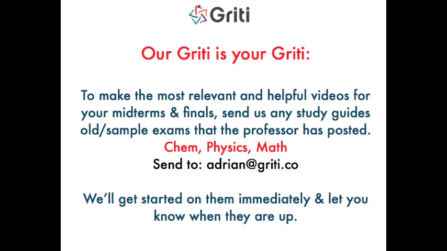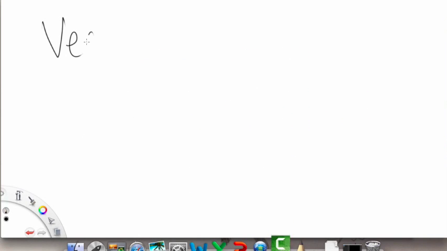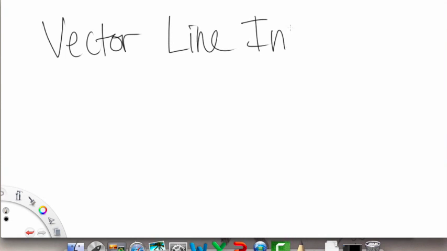So, vector line integrals. Yay. So we can actually, like the scalar line integrals that we learned, those are useful and they have various applications. However, with vector line integrals, there's a lot more that we do in this class anyways.